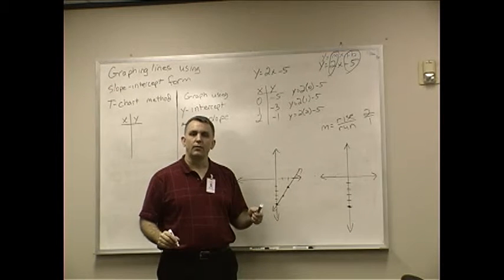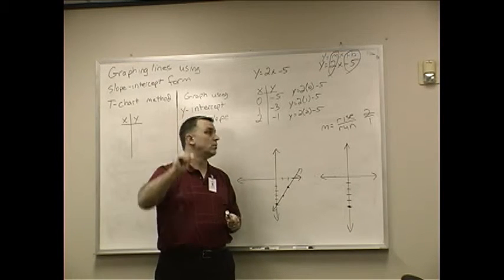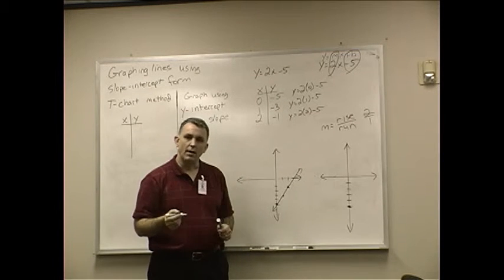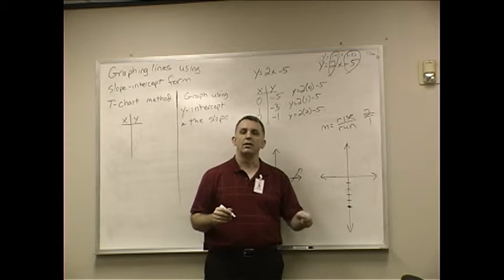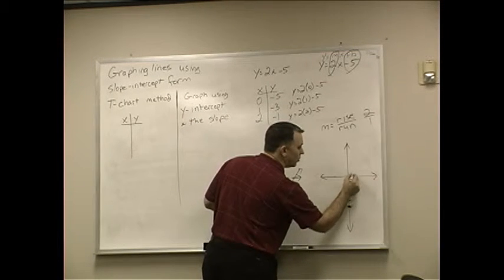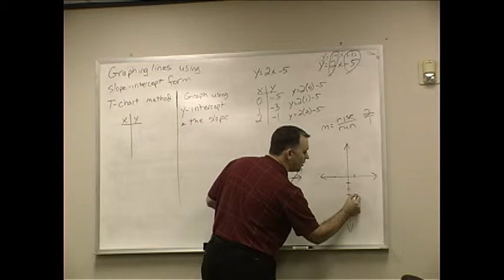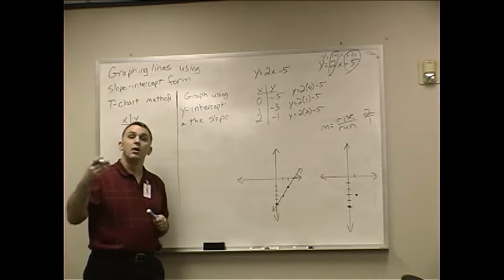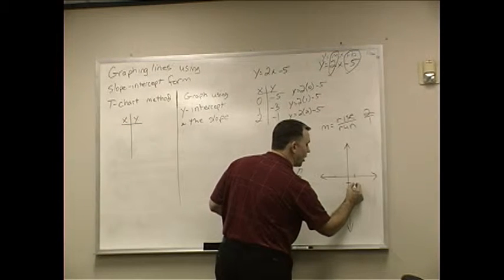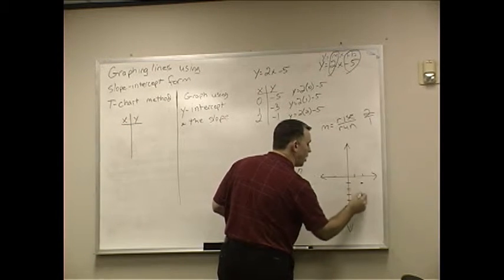What does a rise of 2 mean? It means it goes up 2. What does a run of 1 mean? It means it goes to the right 1. So we can calculate the next point in this series by going up 2 and over 1. And we can continue that pattern from this point, go up 2 over 1.